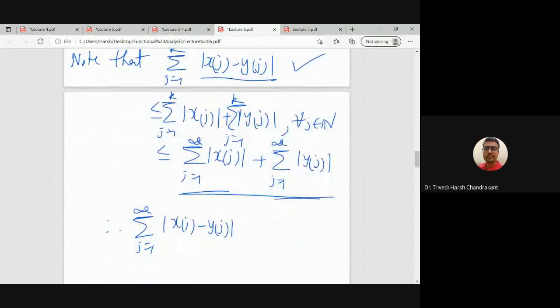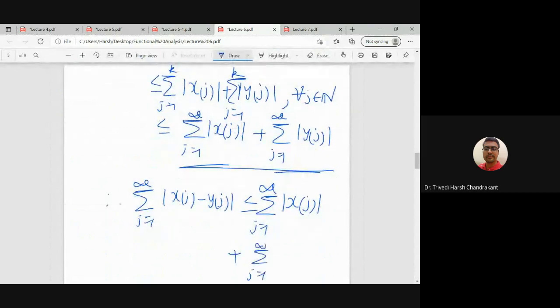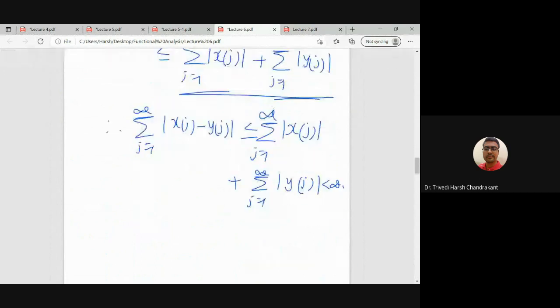So this is convergent. Okay, so that means d1 of xy is a finite real number.